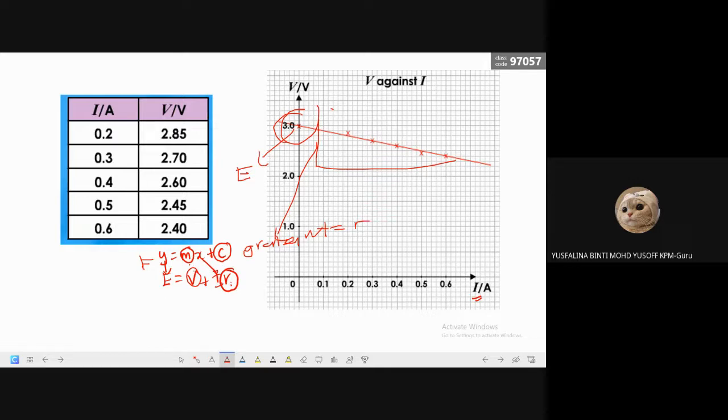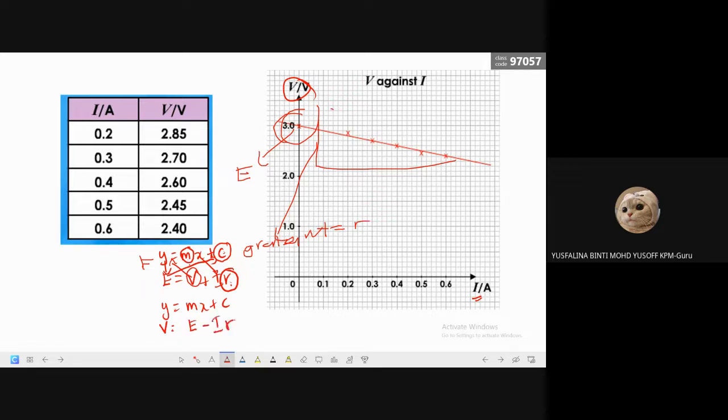No, actually it's like this. Wait, I arrange first. The c should be E. So we have to arrange the equation first. So c is the E and the V is the y. Y equals mx plus c. Let's say I put this as V, so I change it to E minus IR.